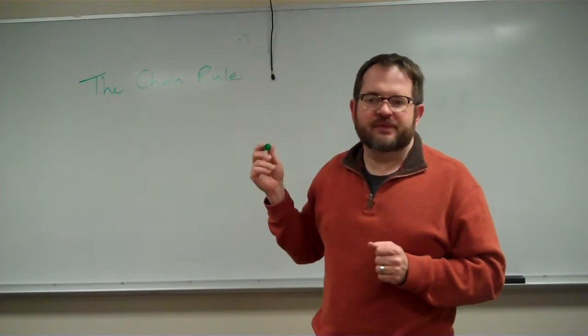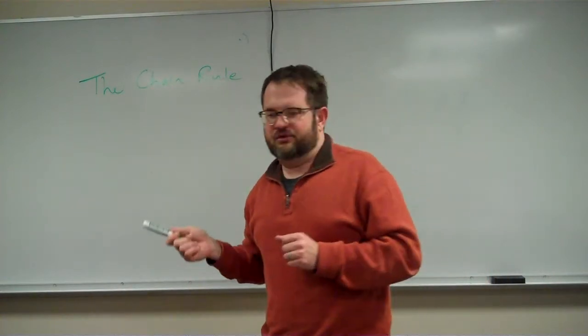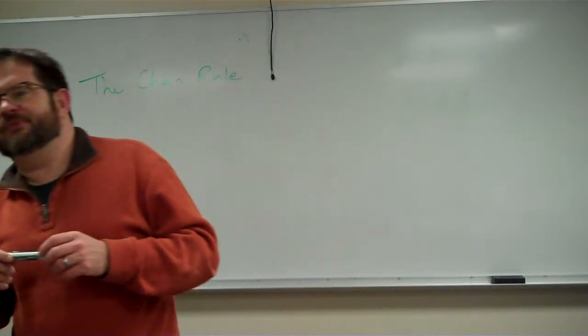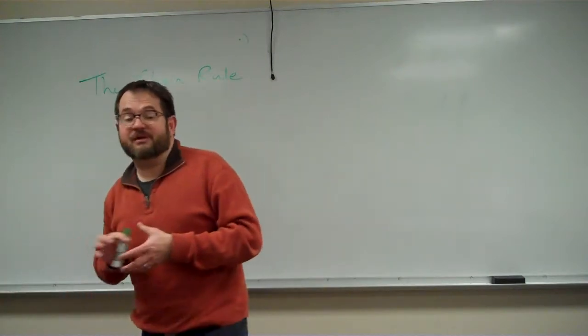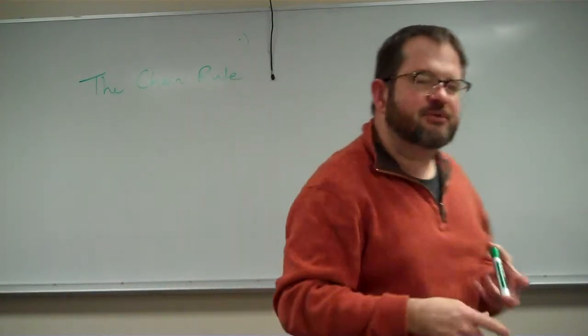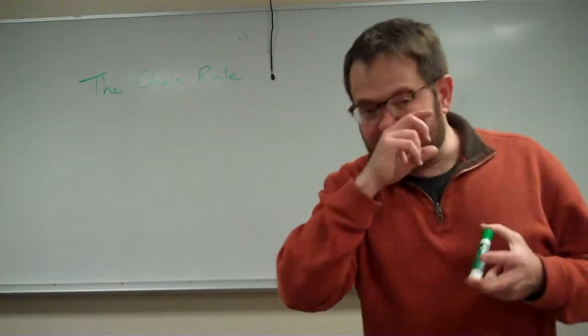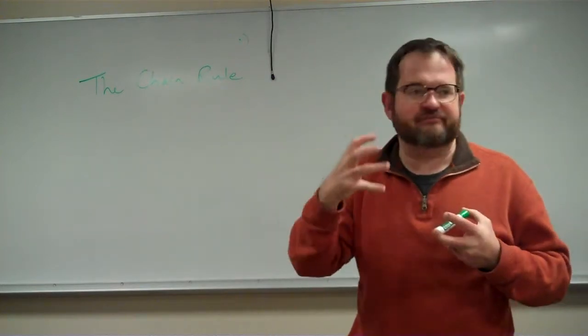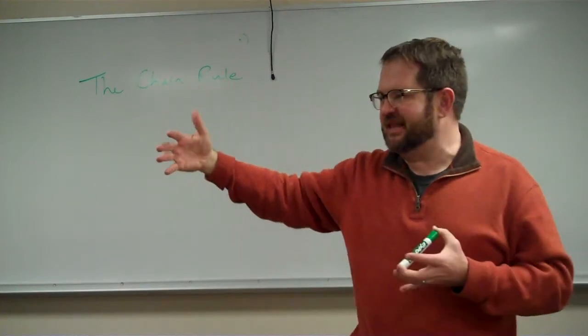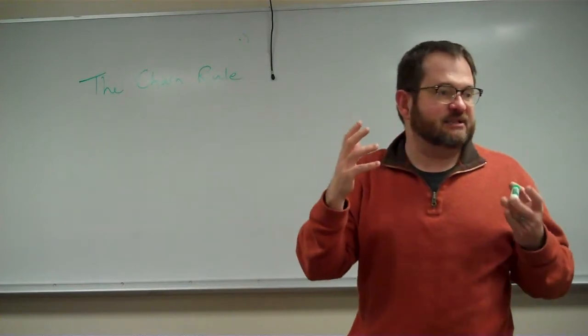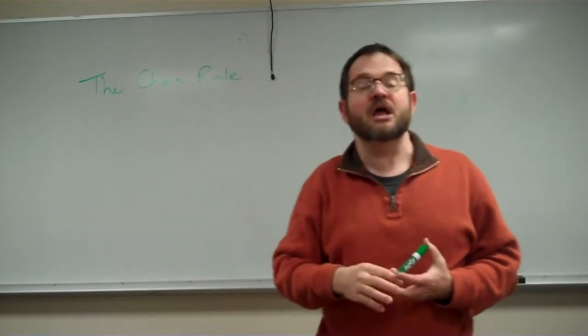We need another tool, though. An important tool called the chain rule. Now, here's the deal. I used to teach, back when there was an atmospheric science program at Creighton, one of the classes we taught was sort of the refresher of math before they took the more math-oriented classes. One of the things they had already taken was Calc 1.